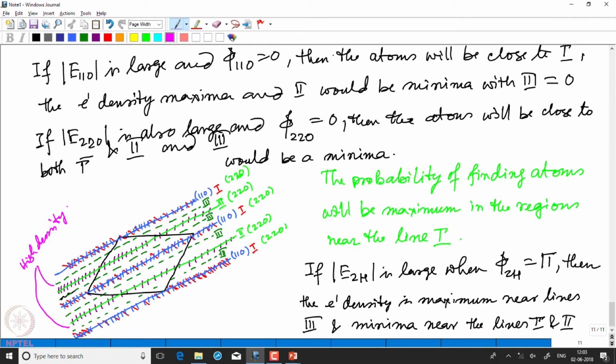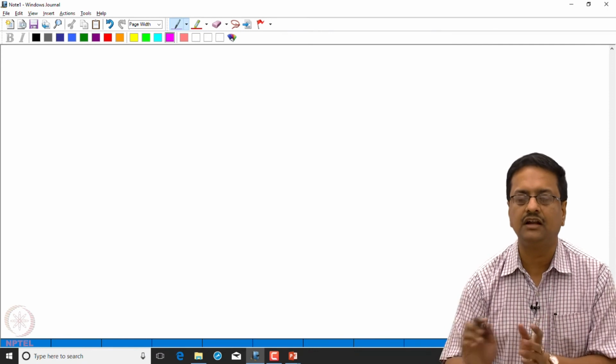Then you do it for the HKL which is 220, assume it to be 0 and do the Fourier transformation and see the electron densities, and then you do it again for phi equal to pi for 220 reflection and see that there is a difference, and based on these one then can solve the values for the electron density for the coordinates for the atoms close to these particular two reflections. So this method is then applied to all possible reflections which are related by just integral multiple of HKL.